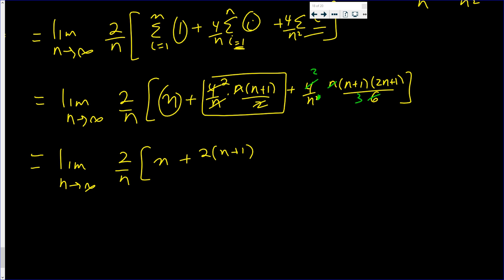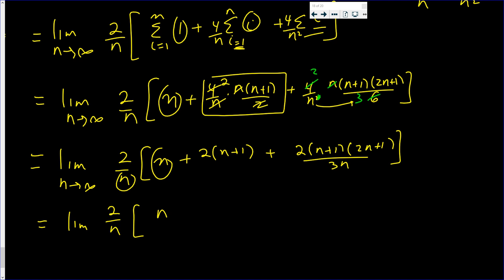And that scares me, to be honest. Oh, no it doesn't. Plus 2 times n plus 1 times 2n plus 1 all over 3 times n. Okay, now I'm actually going to put this n here back inside the fraction. So it's the limit, actually, let me clean up what's inside first.